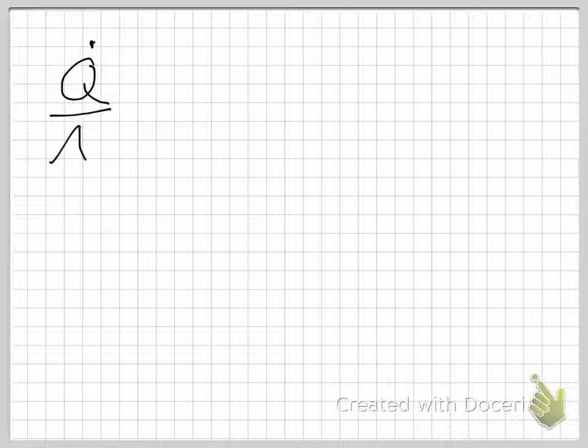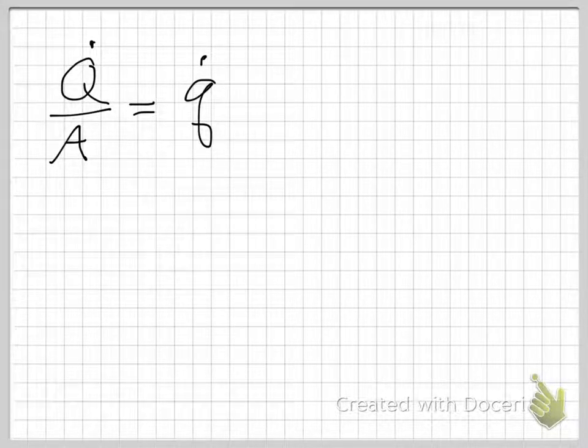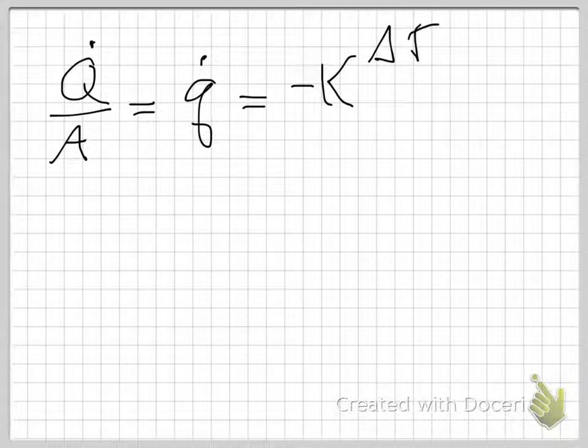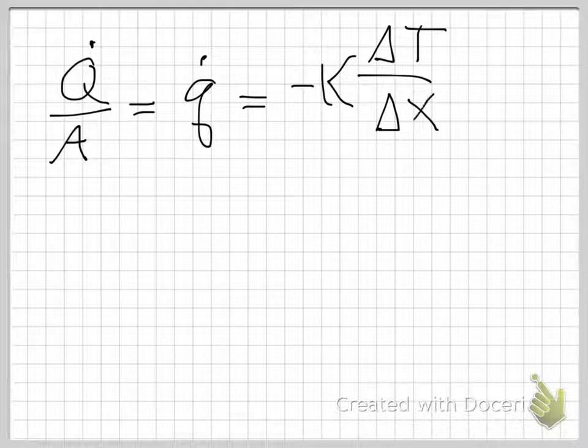For steady state, the heat transfer per unit area equals little q dot, or our heat flux, which is negative kappa delta T over delta X. We can use this equation in either the insulation or the siding. I'm going to do it for the insulation.